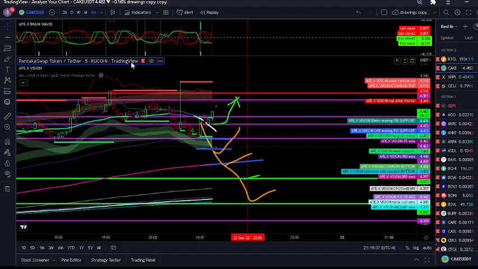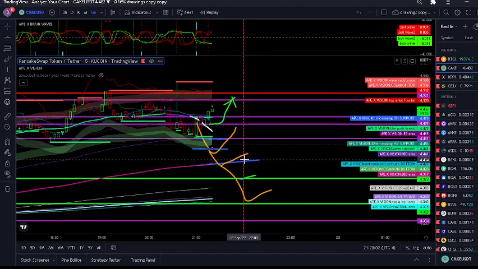So we won't actually get past this and touch here. Next candle will be green. So this is the new candle.